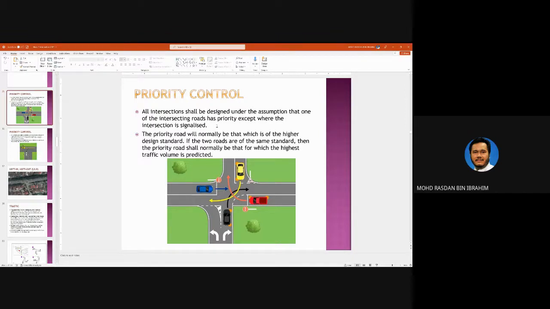Okay, the priority road will normally be the one of a higher design standard. Normally this main road, the major road, will have a higher design standard, and the junction here is going to be a lower one.